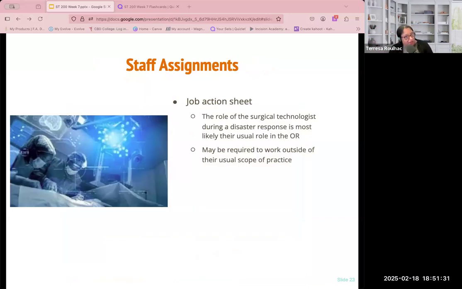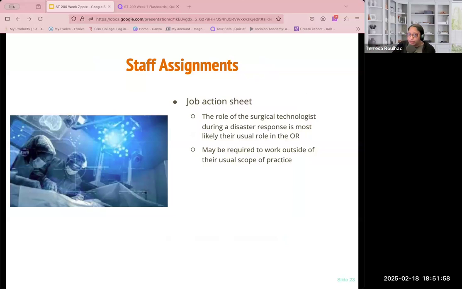We have to know our roles. Okay. So staff assignment in healthcare facilities are going to be important because there's got to be some type of coordination so that the response is efficient. We are often going to be based on our usual responsibilities because we're in the operating room. So most likely we're going to be in an operating room or surgical setting.